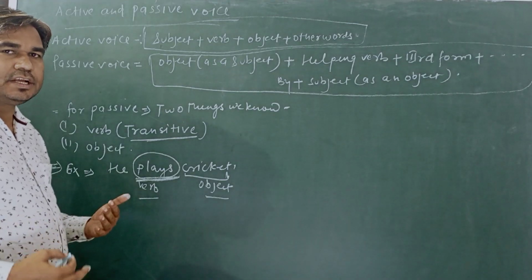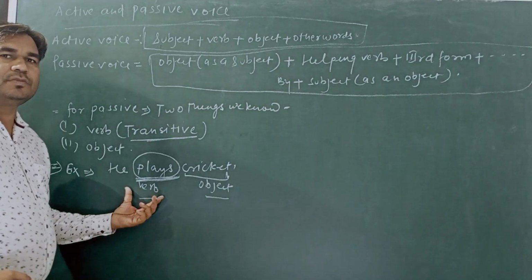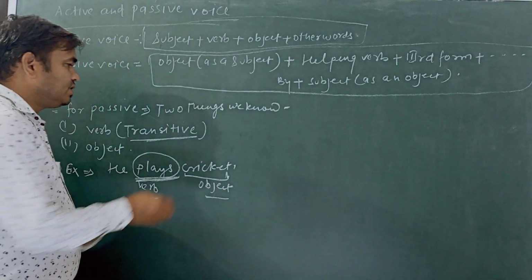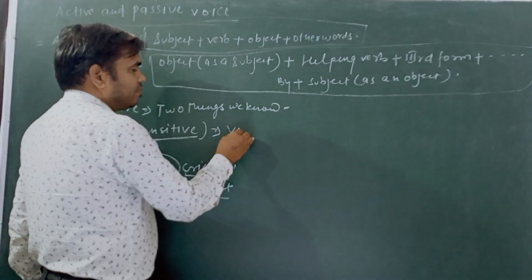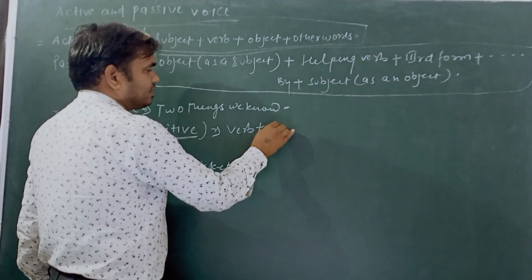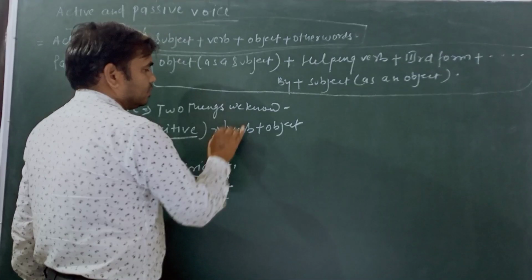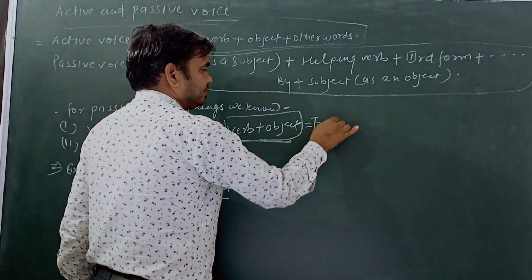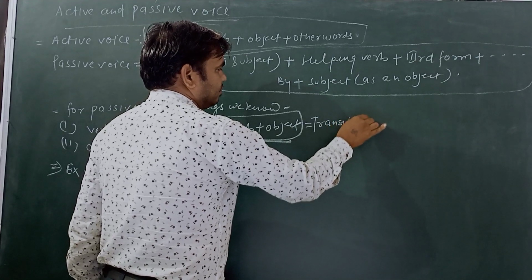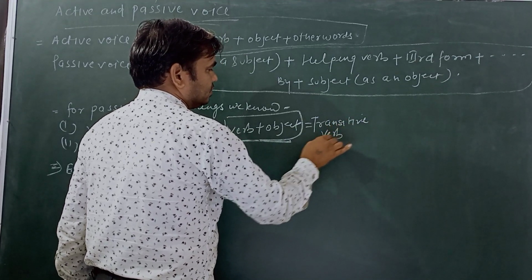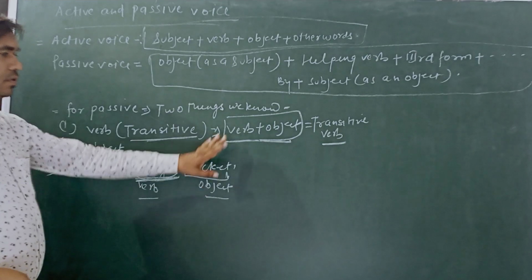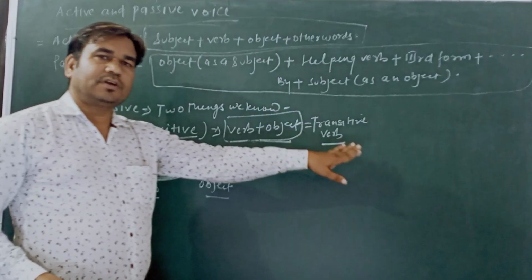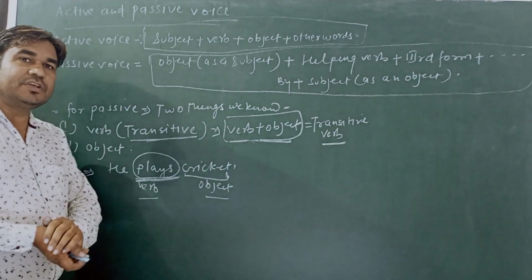And secondly, the verb should be transitive. I have told you, students, transitive verb means verb plus object. So students, let me see.